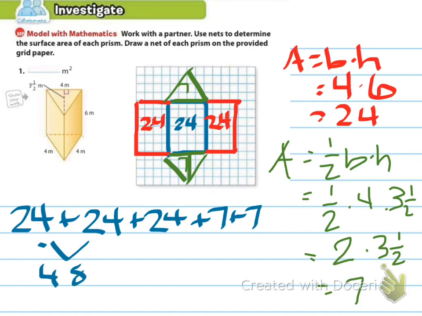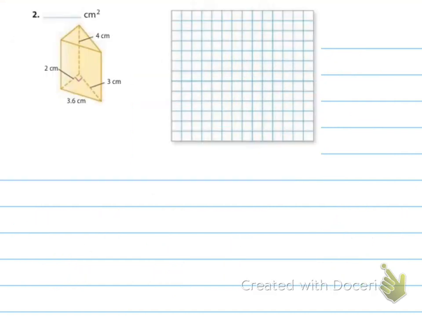We've got 48, then we've got 14, put things together, and 38 plus 48 is 86. So my final answer is 86 meters squared. So, all right, I want you to try and do number 2 now on your own. If you need to reflect back and rewind and watch this again and figure out how I made this, go for it.